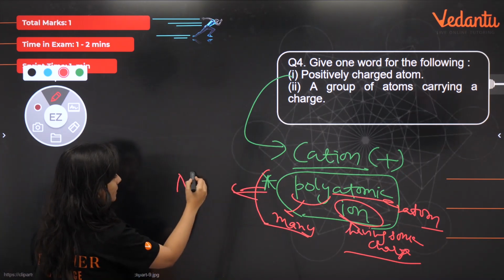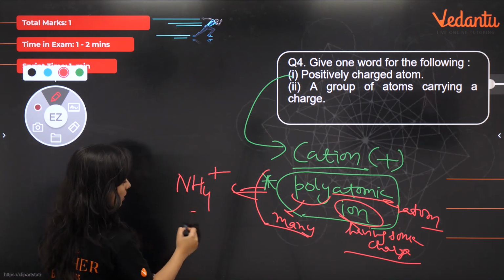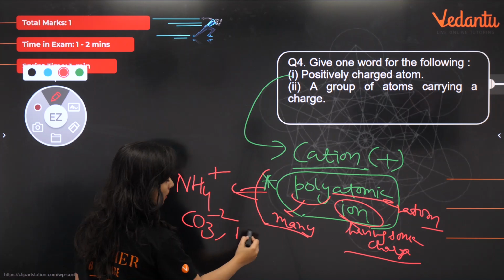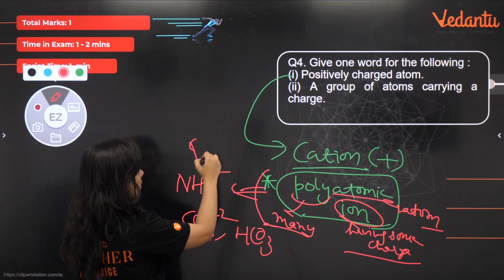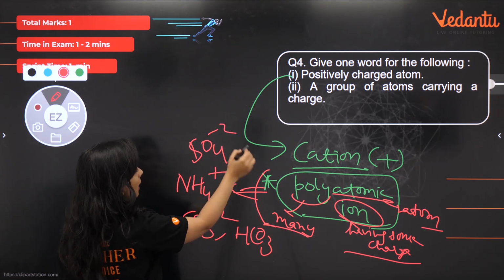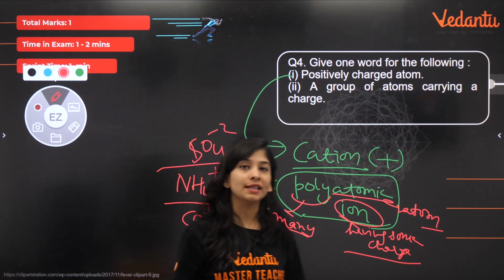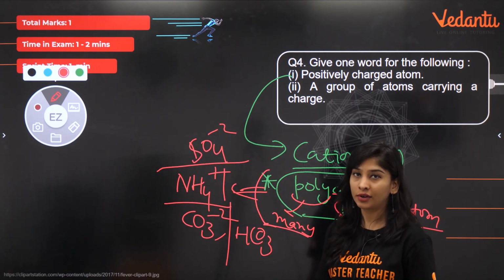I can give you example. Ammonium ion, polyatomic. Carbonate ion, polyatomic. Bicarbonate ion, sulfonate ion, sulfate ion, and so on. Okay, so many examples you can give for the same, positive as well as negative, right?